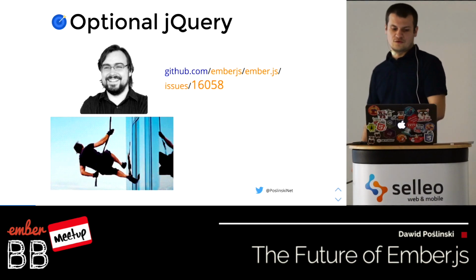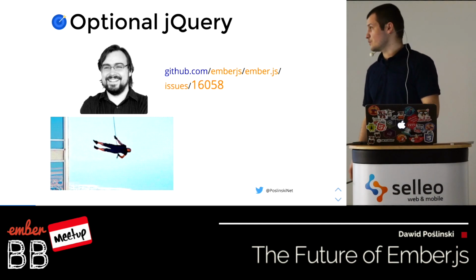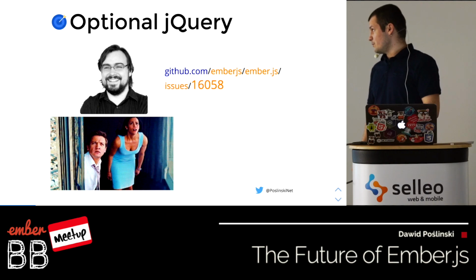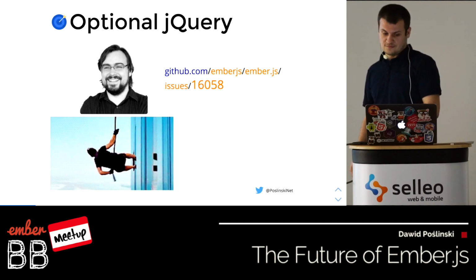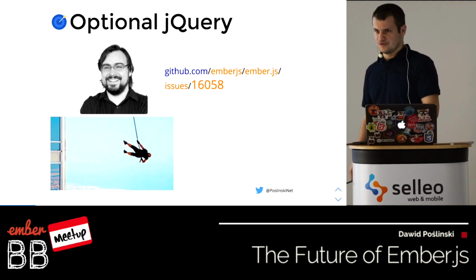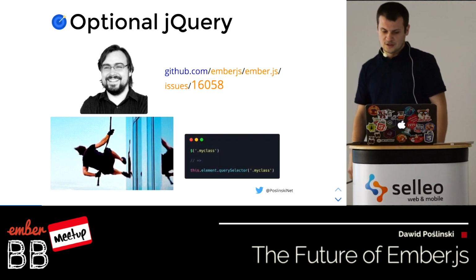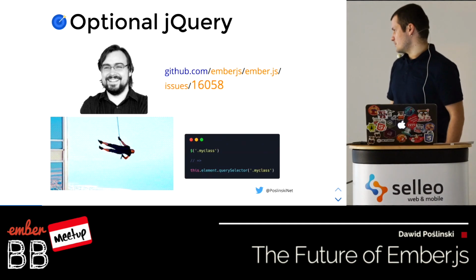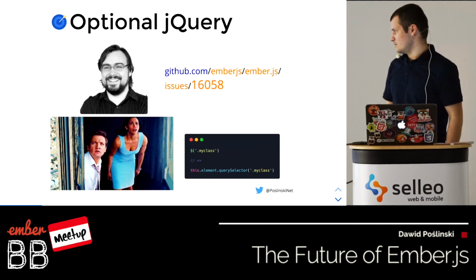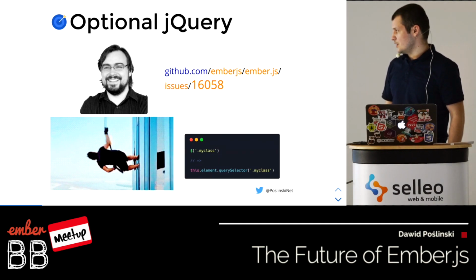Basically, the idea is to get rid of the jQuery dependency from the core of Ember.js. It takes like, I don't know, 20% of the build size, and due to the fact that we have querySelector implemented already, we probably don't need this anymore.